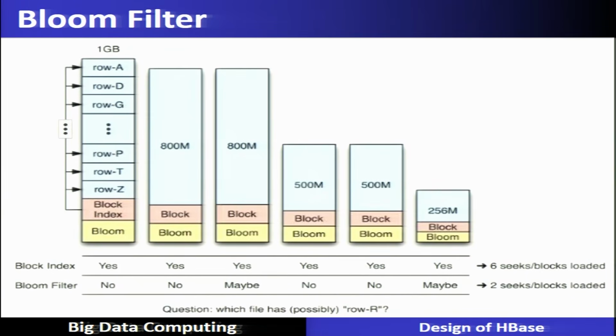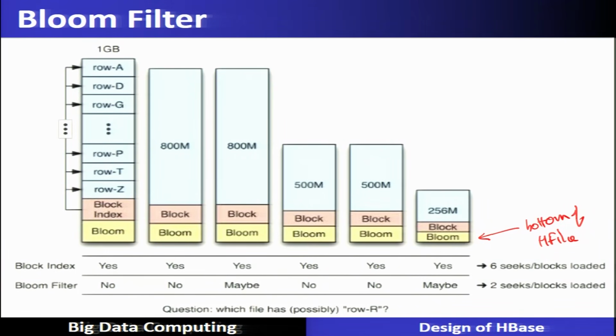So, let us see the positioning of the BloomFilter in the HFile. At the bottom of the HFile, the BloomFilter information is stored, and this helps in identifying which of the different blocks contain the block index or information.